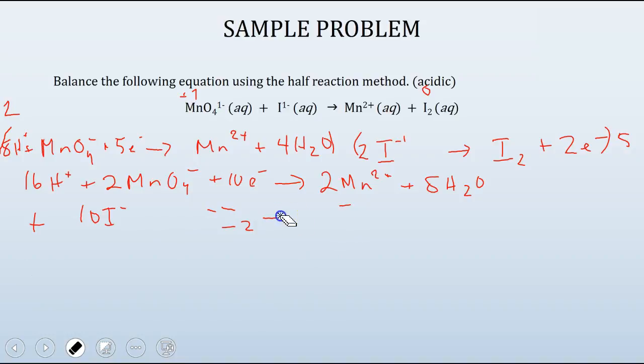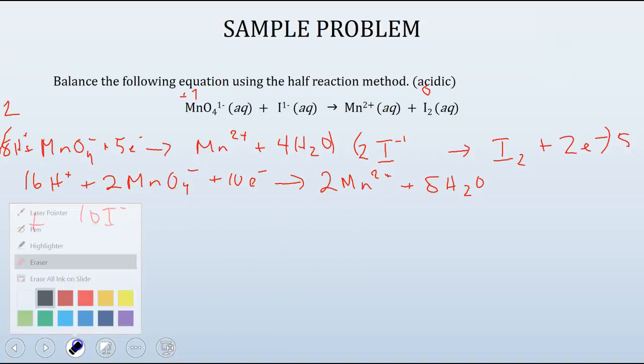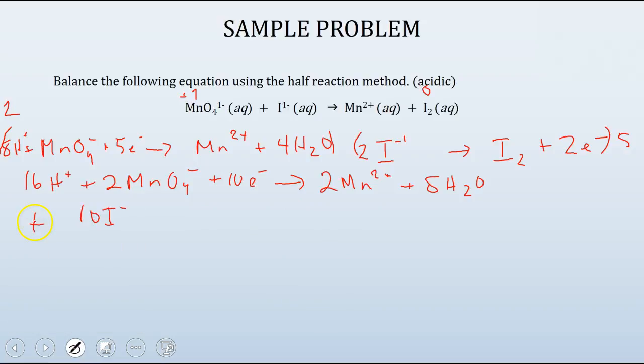Let me erase this stuff right here and do what I usually do. I usually line up the yield sign. Why? Because I'm trying to make sure I know the difference between products and reactants, and if I line up the yield sign, then I know that I've done that. So 10 electrons cancel out.